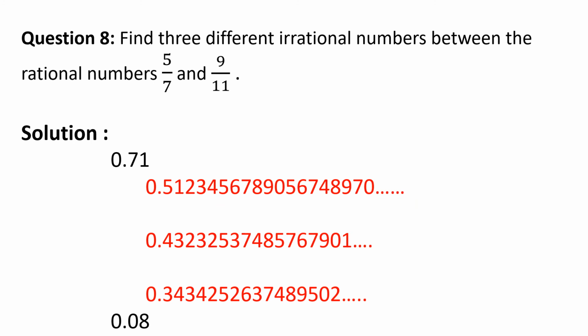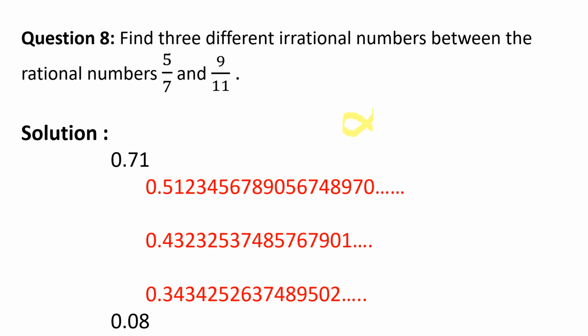So anyone can find any irrational number. Now the next one is 0.4. It was a rational number, so I just put random digits and some dots to make it non-terminating, non-recurring. Same thing I did with 0.3. So I can find as many irrational numbers as I want between these two numbers, infinite, right? That is what we studied in the first part.